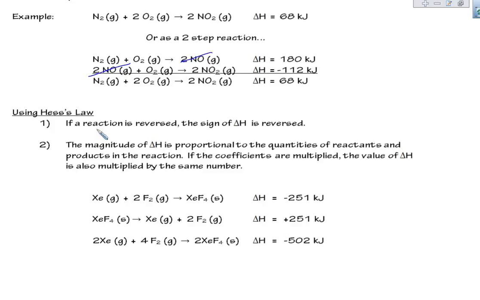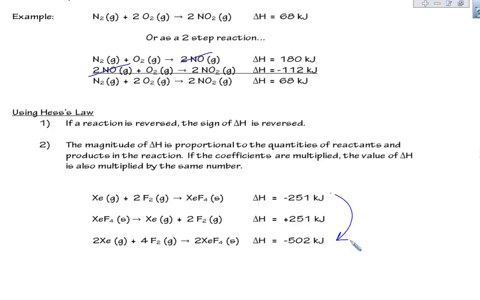Excellent. What if for some reason I needed to double that? In the desired reaction, I needed to form 2 xenon tetrafluoride. Then the value of the delta H is also multiplied by the same number. So if we doubled the coefficients in the balanced equation, check it out. We just double the delta H.